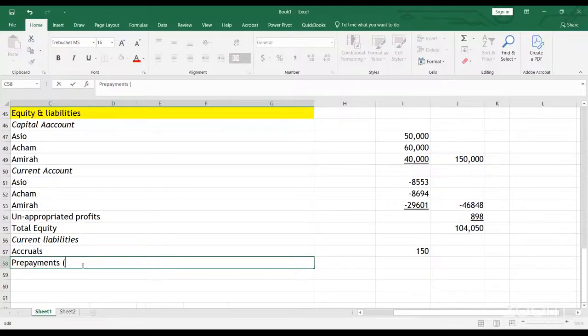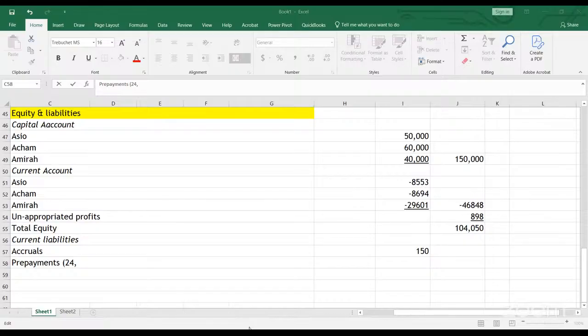It's 24,200 prepaid income. That was income that was received in advance. It's a current liability. The income received in advance, prepaid income. That's it.